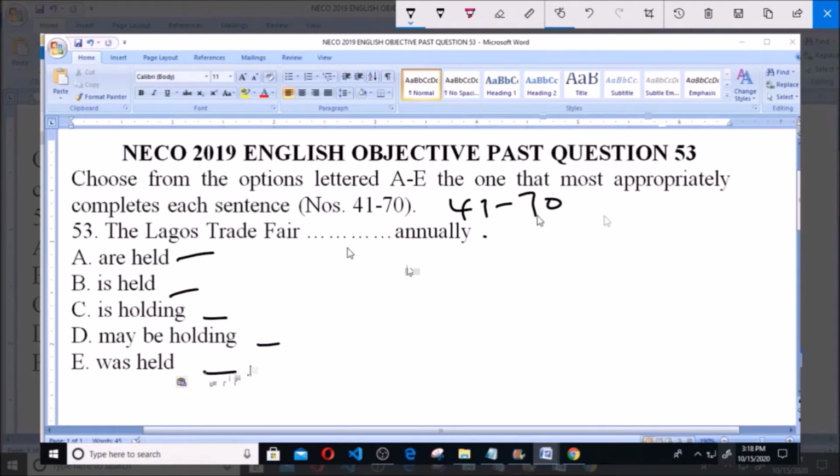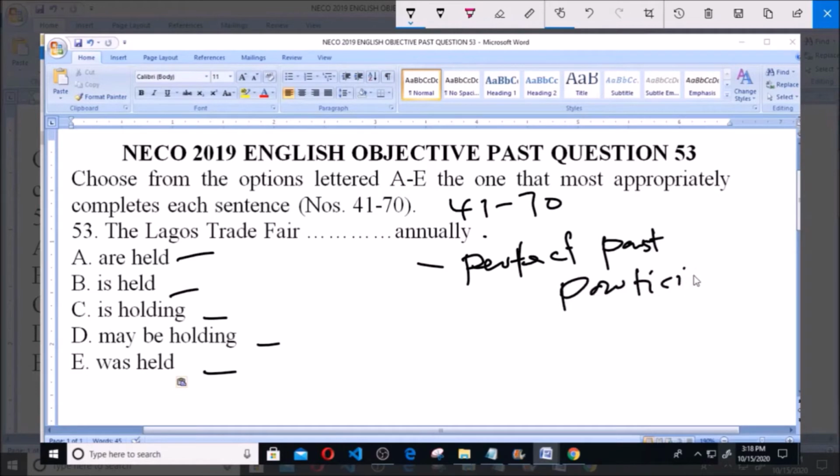You know this statement is for what we call the past participle statement.